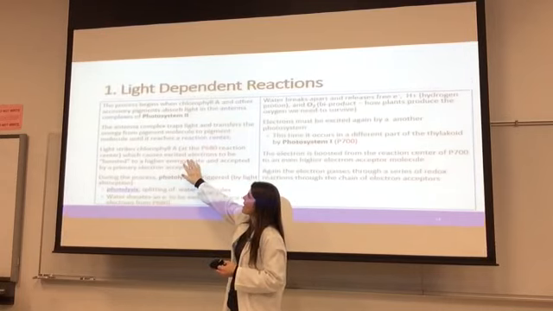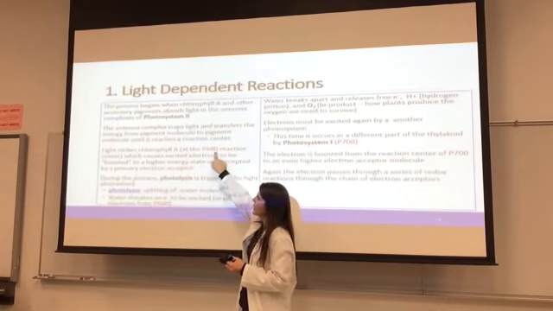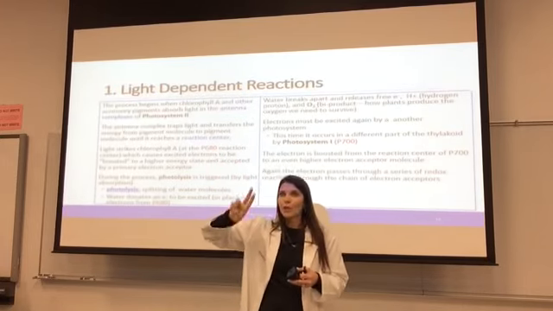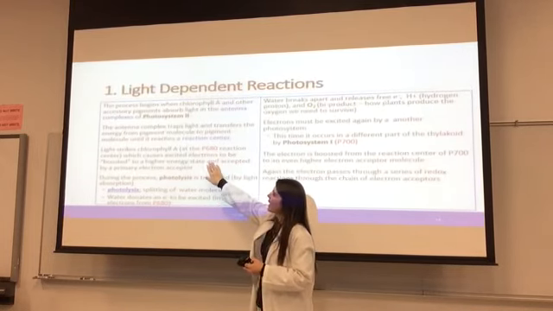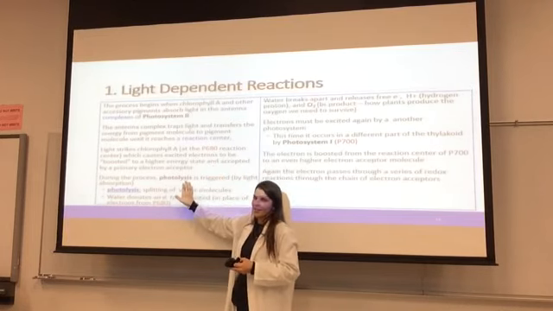And it starts off and it says, light strikes P680. What is P680? Photosystem 2, which is the very first photosystem. So light strikes that. And it excites electrons during the process of photolysis.